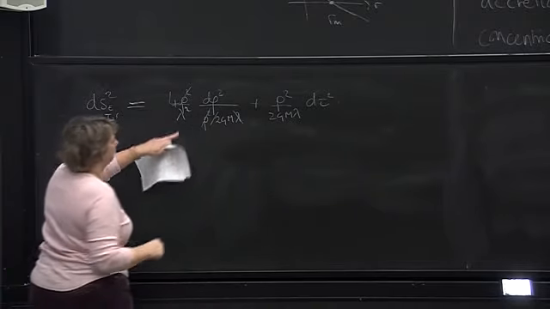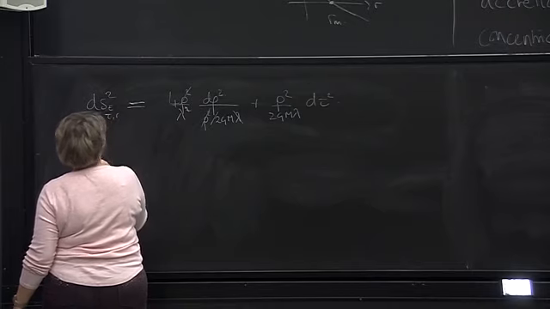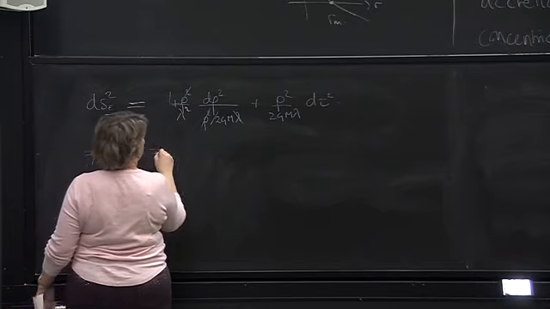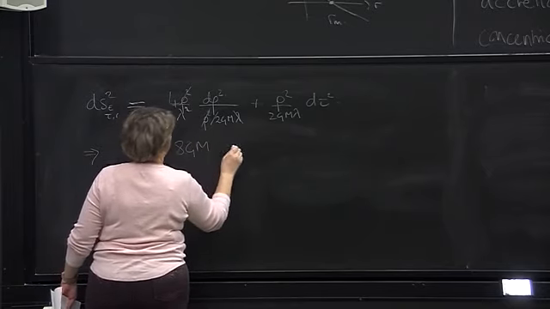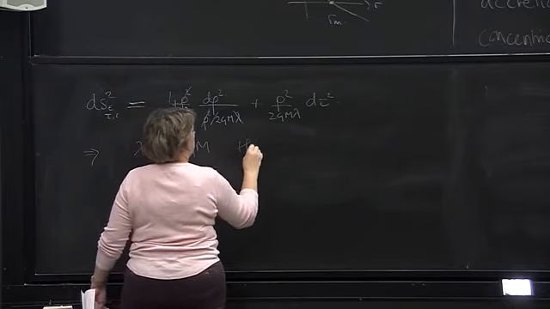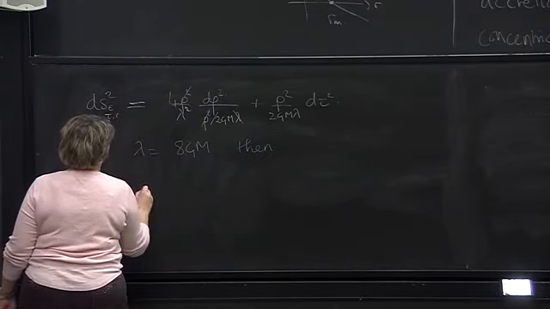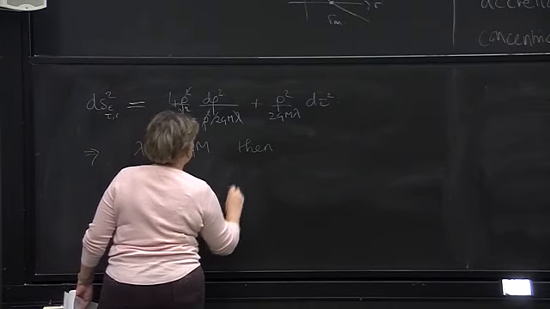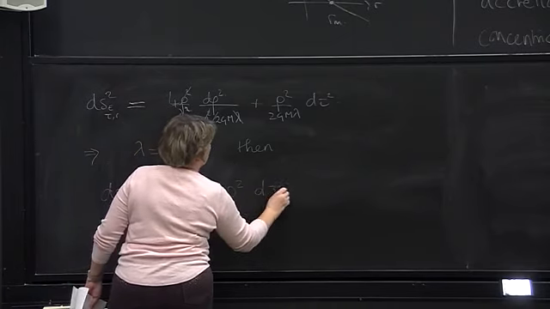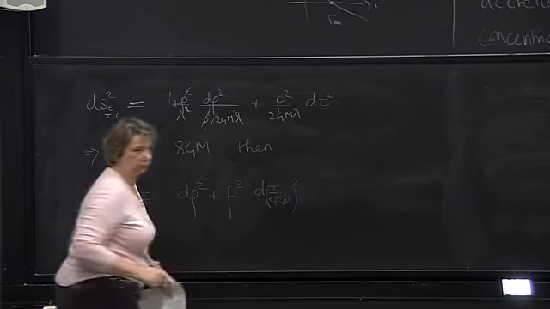So here, if I take lambda to be 8GM, then my ds squared is d rho squared plus rho squared d tau over 4GM, squared.